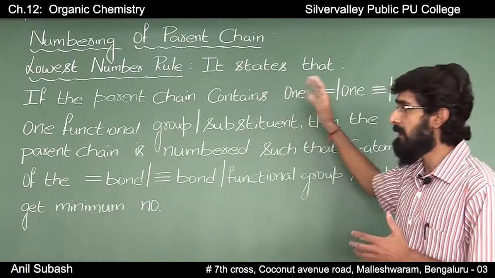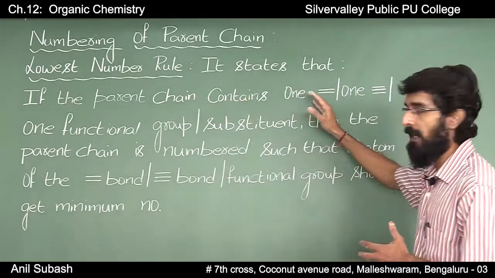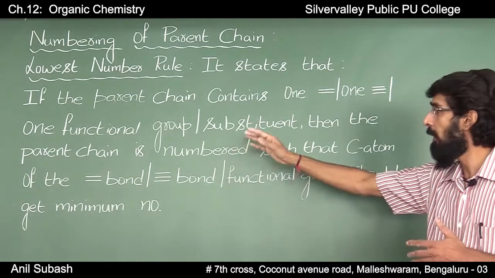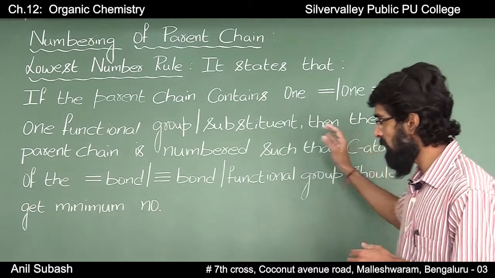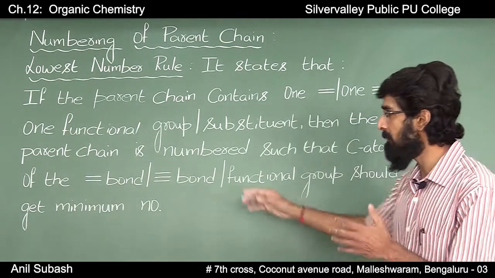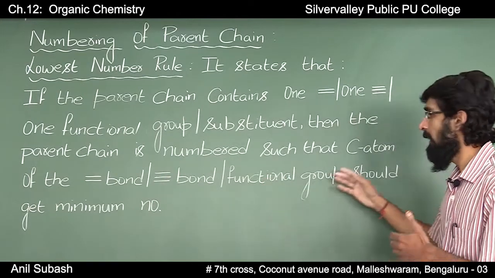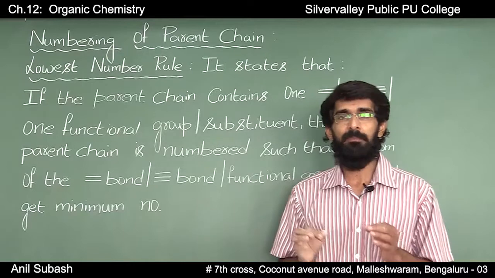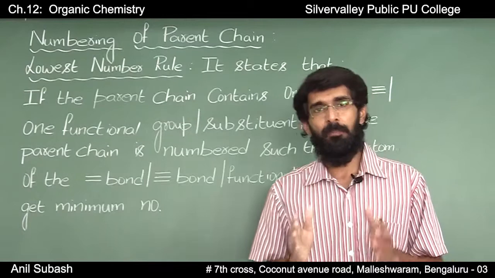The lowest number rule states that if the parent chain contains one double bond or one triple bond or one functional group or a substituent group, then the parent chain is numbered in such a way that the carbon atom of the double bond or the triple bond or the functional group or the substituent should always get the minimum number.